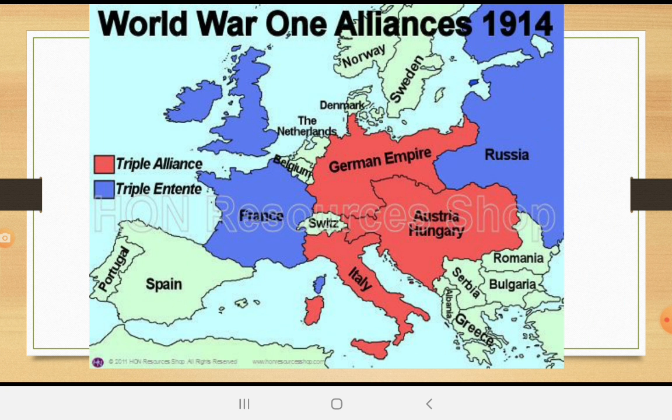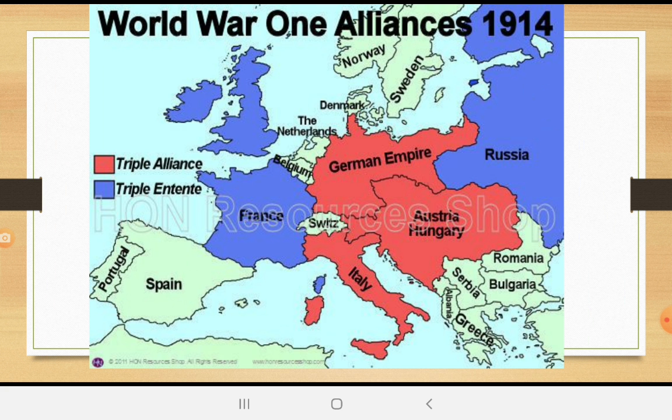This is a map showing how the alliances were built. On one side, focus on the red color on this map: we have the German Empire, or Germany, Austria-Hungary, and Italy as the Triple Alliance. This is the map of Europe.